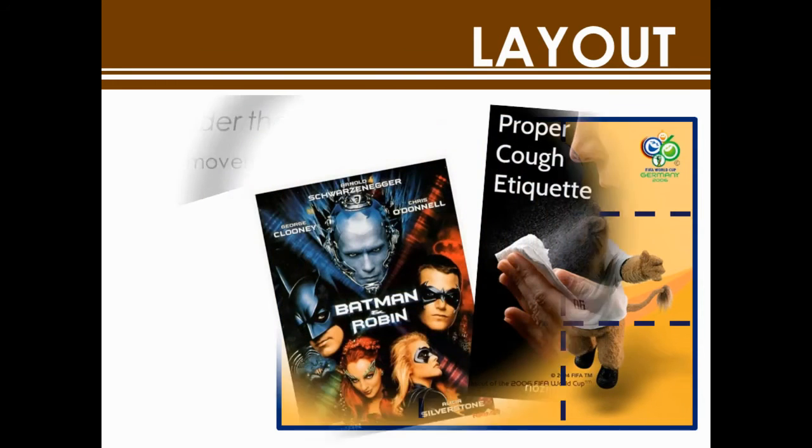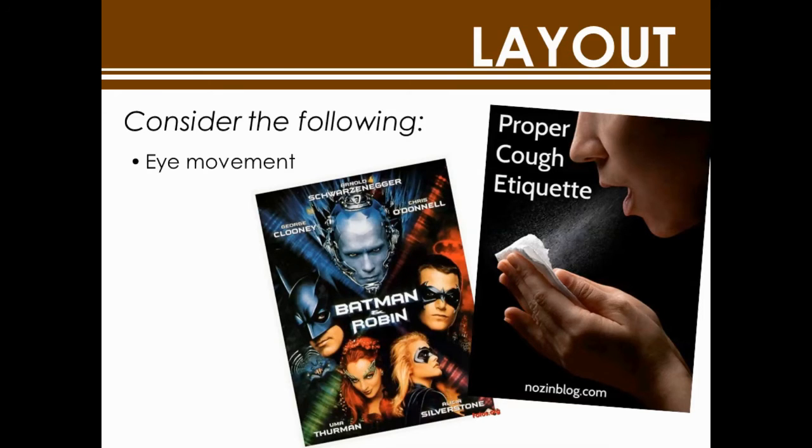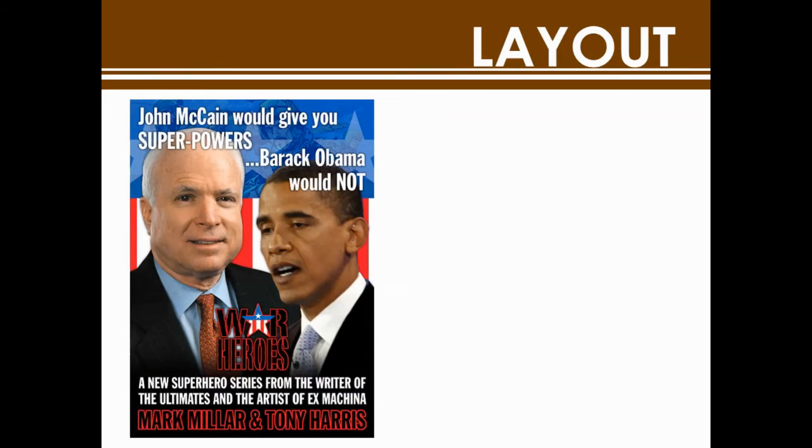After determining the type of layout in designing our visual materials, let us now talk about some factors that can affect our composition. The first factor to consider is eye movement. Bear in mind that different cultures have different ways of reading and viewing. In our case, we read from left to right, top to bottom.